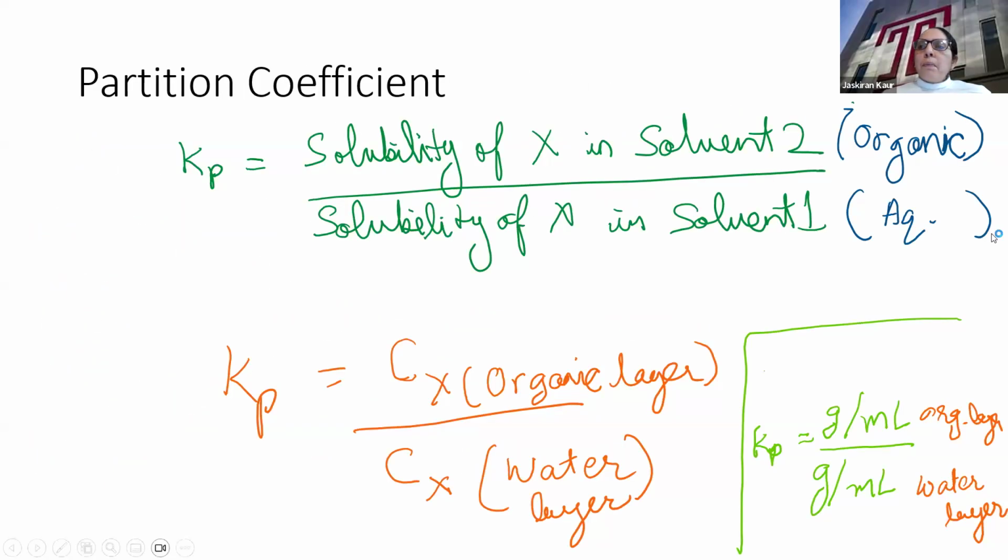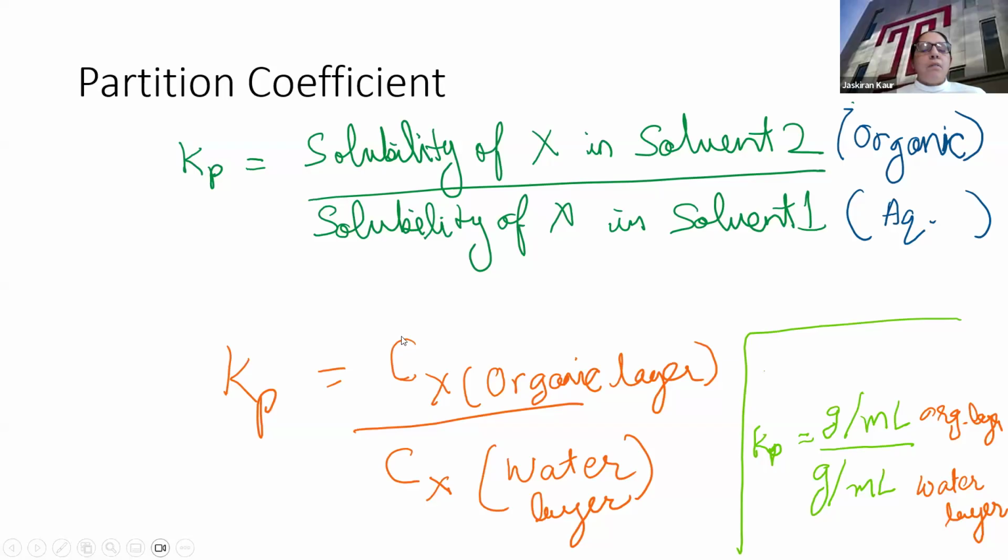Now, to simplify things, every time we determine the partition coefficient, the solvent 2, which is on the top of this ratio, is the organic layer, and the one in the denominator is the aqueous layer. So you could change this equation to: the partition coefficient is the amount of 9-fluorenone in the organic layer divided by the amount in the aqueous layer. Now, amount is determined by concentration.